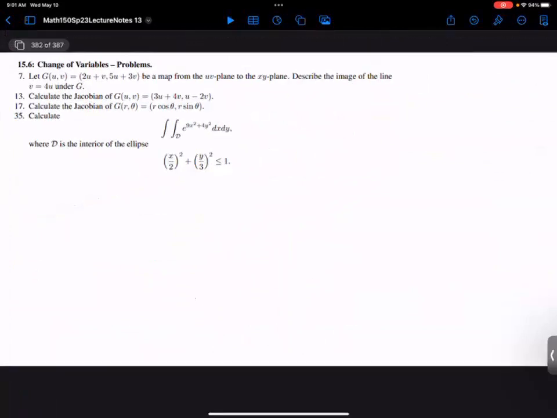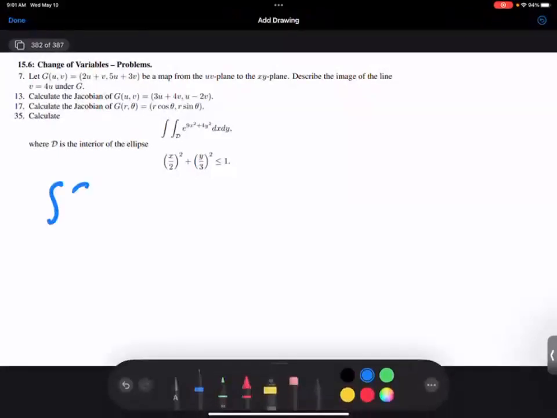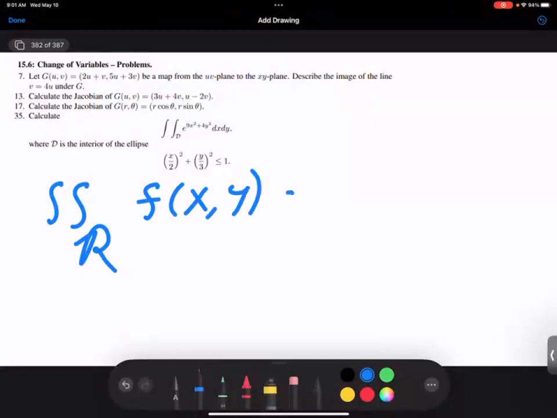So when you have problems like this, you have three pieces of information. We have an integral over some region R, f of say xy dx dy.